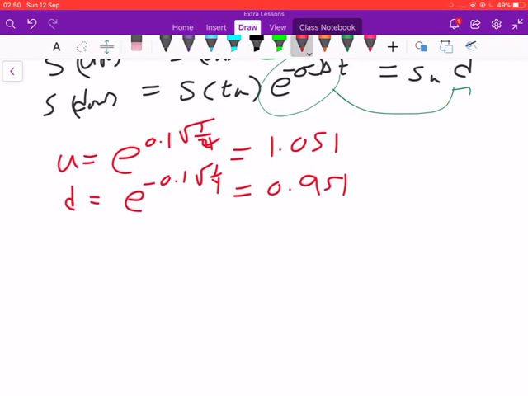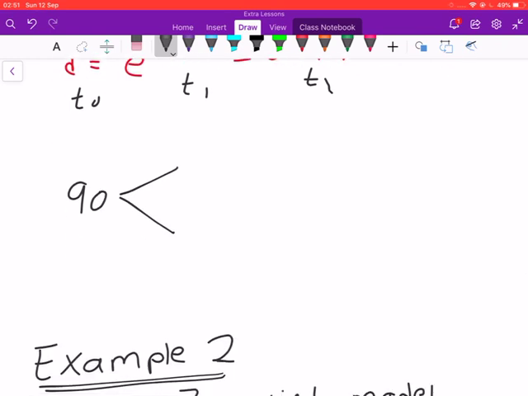We are told that the price of a share costs 90 rand at T0. So this is going to be T0, we will have T1, and we will have T2, because it's going to be a two-period model. At T1, your share is going to cost 90 times U, because it's going to go up, right?